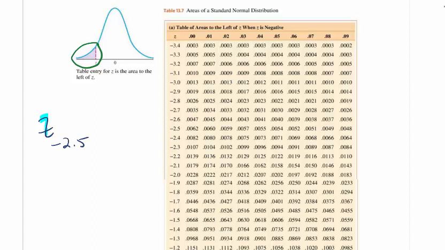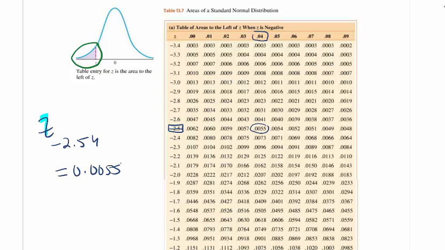We would, and I'm going to actually, let's call it 2.54. So I would go down to negative 2.5, which is here. And then I would go over to the 0.4, which is here. So then I would use that piece, and that would be equal to 0.0055.